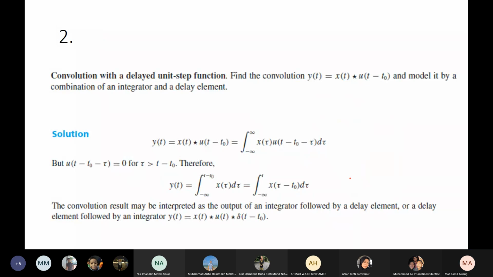For this one, remember the tutorial question where I asked you to prove that y of t equal to u of t convolved with u of t results in r of t, something similar.